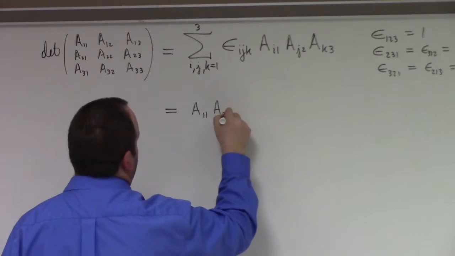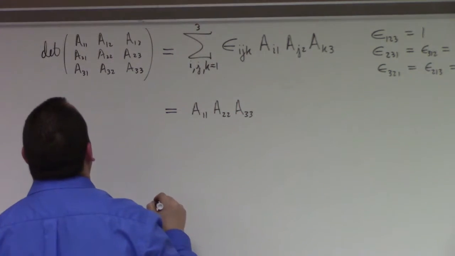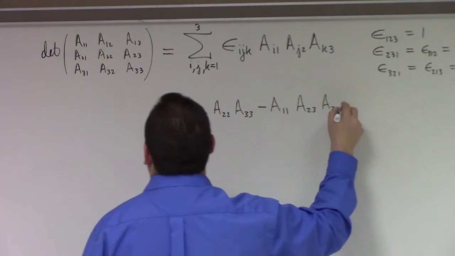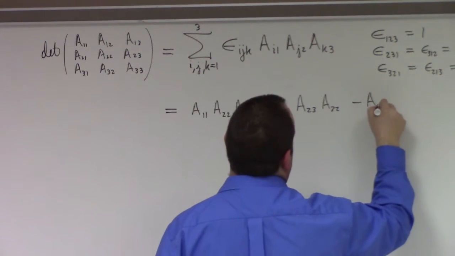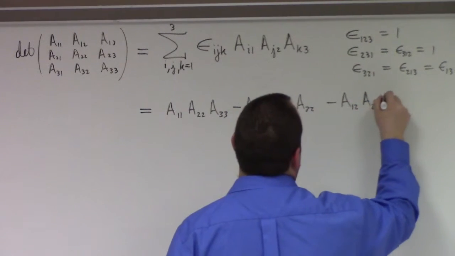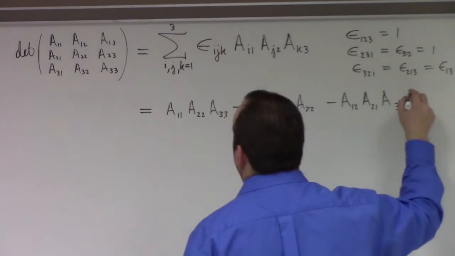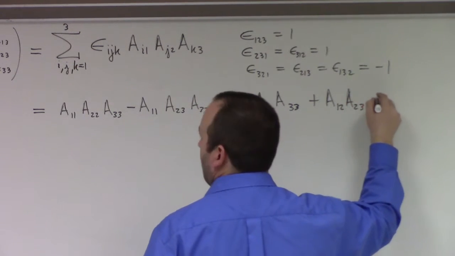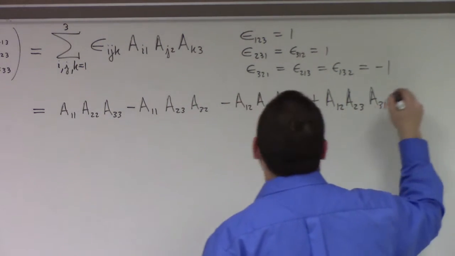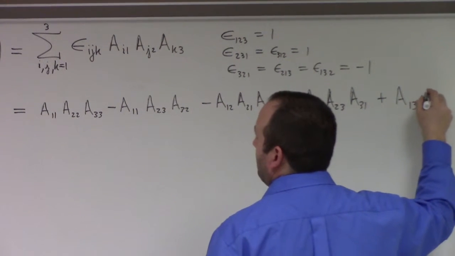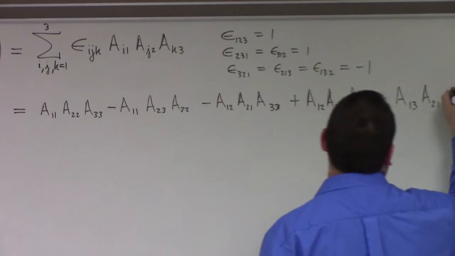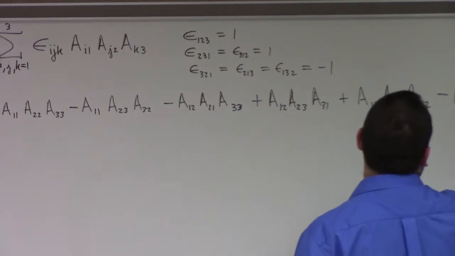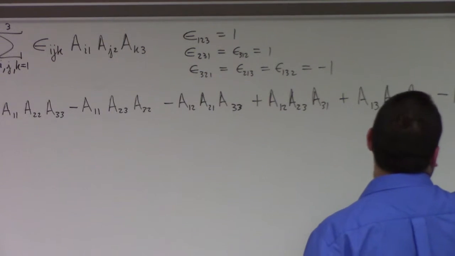A11, A22, A33, minus A11, A23, A32, minus A12 times A21 times A33, plus A12 times A23 times A31, plus A13, A21, A32, minus A13, A22, A31.